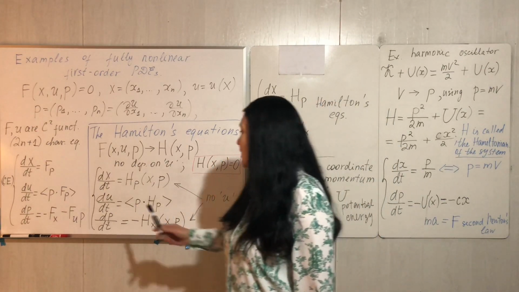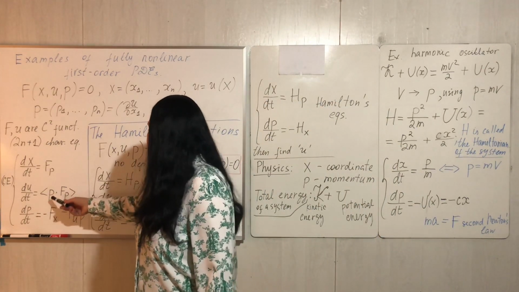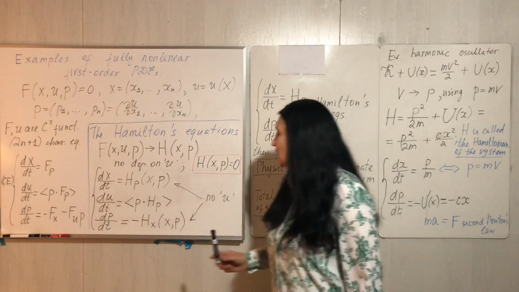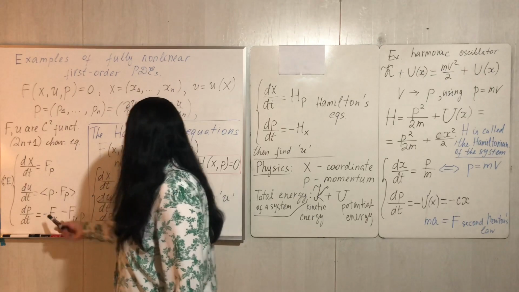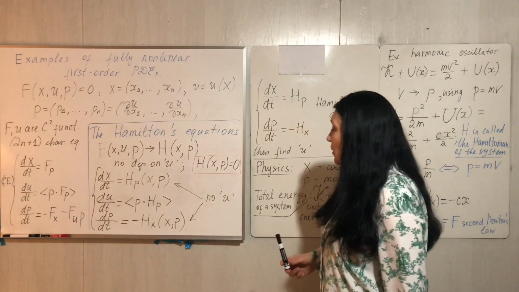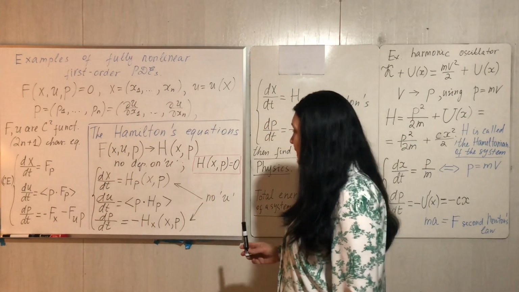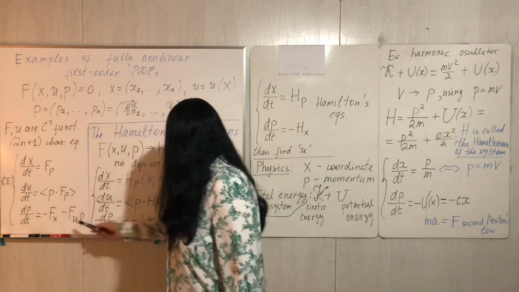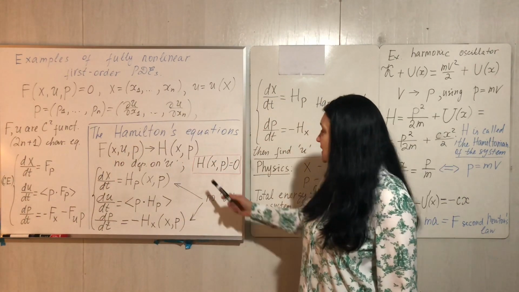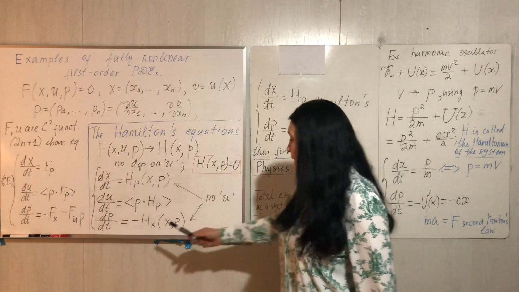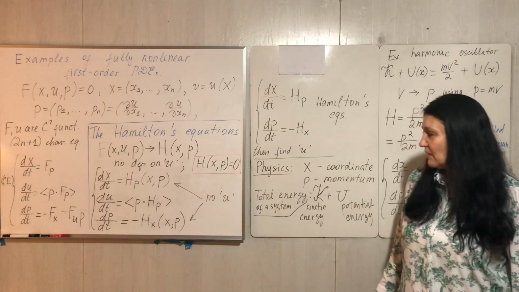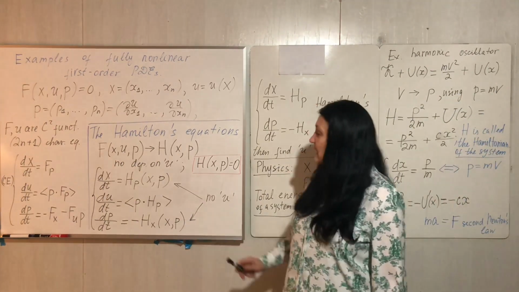And then here du dt is p times h_p instead of f. And then the third equation, we can see that the first term would be negative h_x, but since there is no dependence on u, this term will disappear. So we don't have this term here in the last equation.